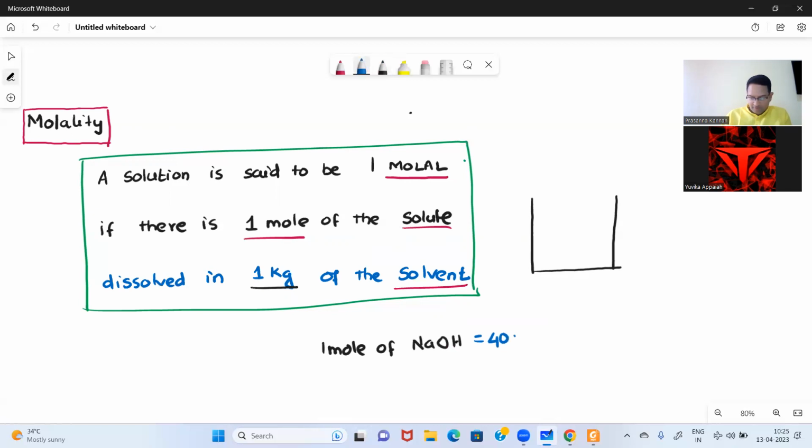You're going to weigh 40 grams and add it to the beaker. Then you're going to add water. How much of the water? 1 kg. Exactly. So you will measure 1 kg of water and you will add it. Are you clear, Viveka? Yes, sir.